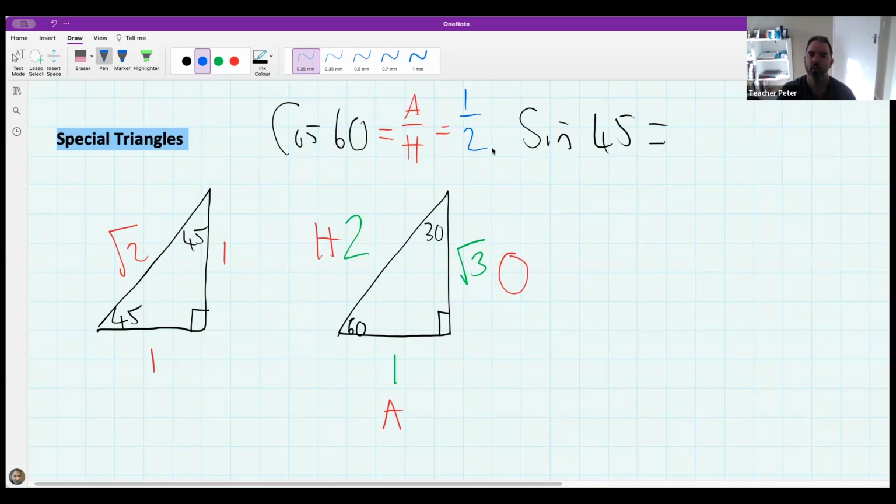Fantastic. What do you think the sine of 45 is using this special triangle? So without a calculator, just using the drawing, what is the sine of 45 the same as?